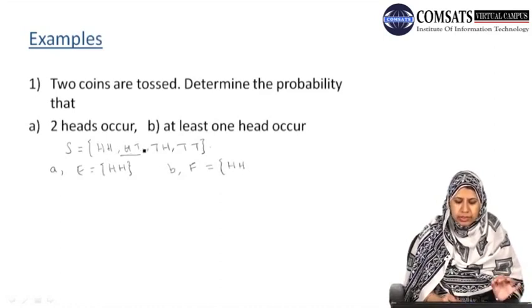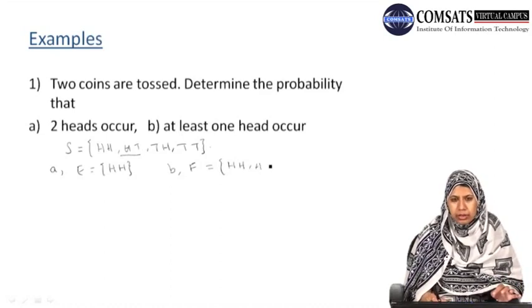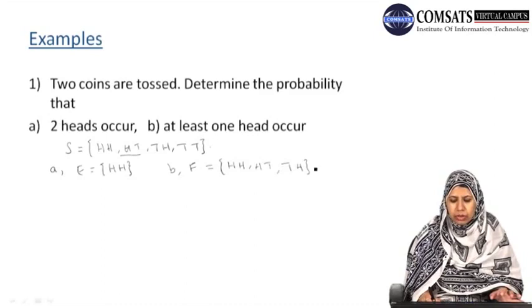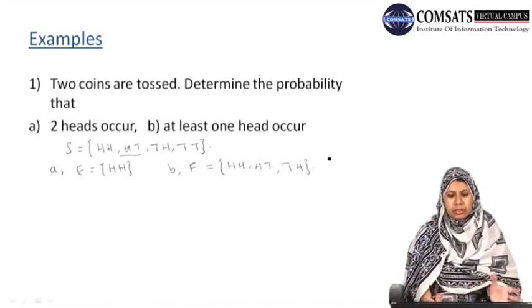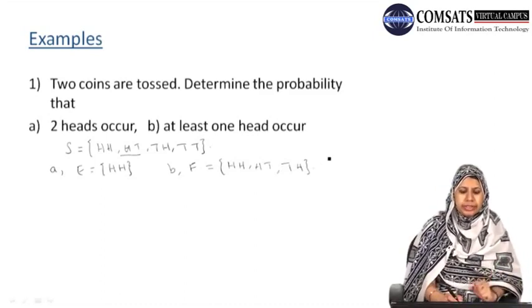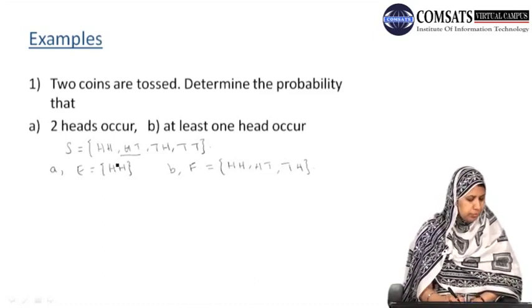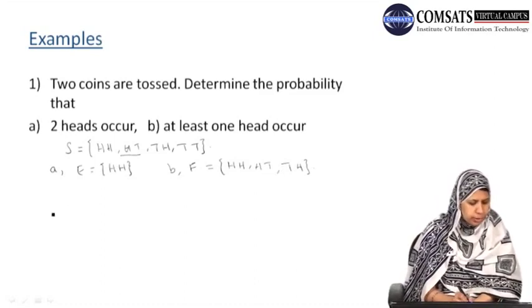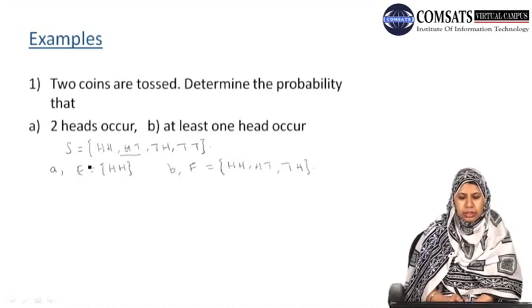At least one means the second outcome is also allowed and the third outcome is also allowed. So these are the sample points of our events E and F, and we have to find the probability of our event when two heads occur.